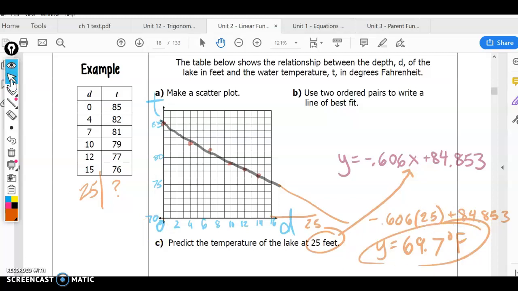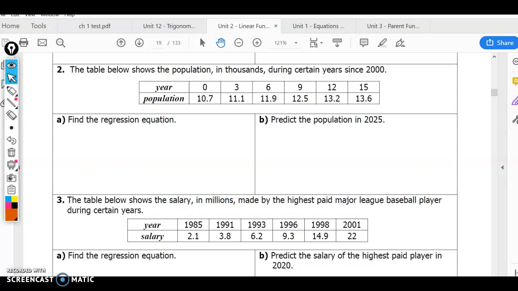One more thing I just want to quickly touch on before we end the video. Go to the back of this page real quick. I have examples involving years. This first example started the years at 0, 3, 6, 9, 12, in years since 2000. Be careful with that. In number 3, instead of 0, 3, 6, 9, it actually starts at 1985.